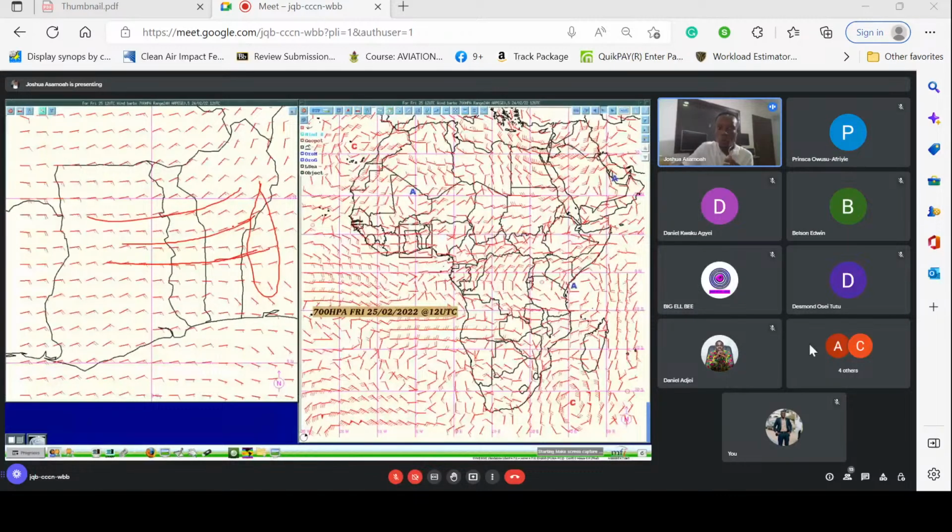And so if you are making a forecast for areas in Ghana and you are seeing a rainstorm build around this area, you would expect that this 700 hectopascal will be pushing the base of the cloud towards these areas. And then this one will also be pushing them in that direction. And so areas where you would be very confident that there will be rainfall will be around these areas where the 700 will be pushing the system into.